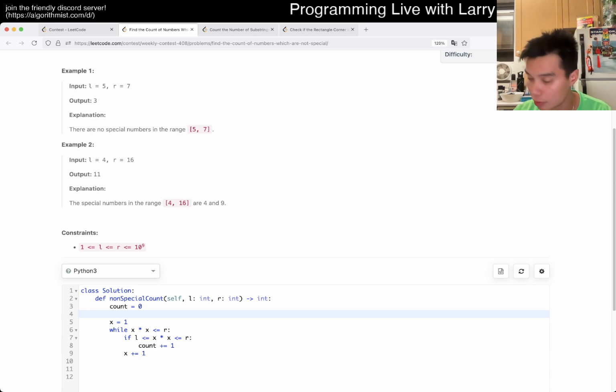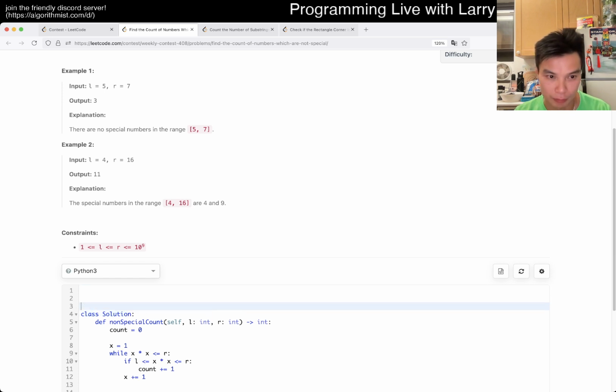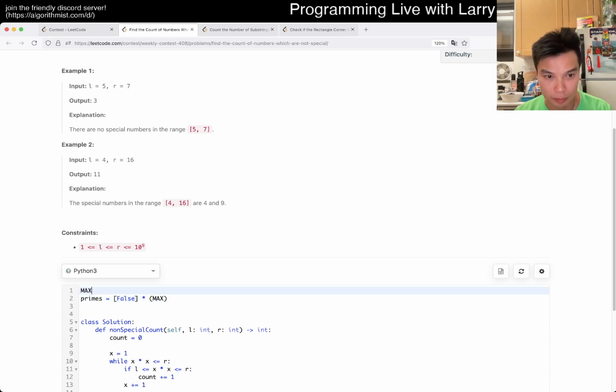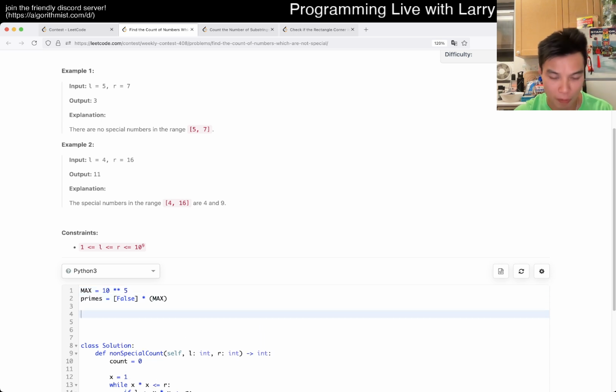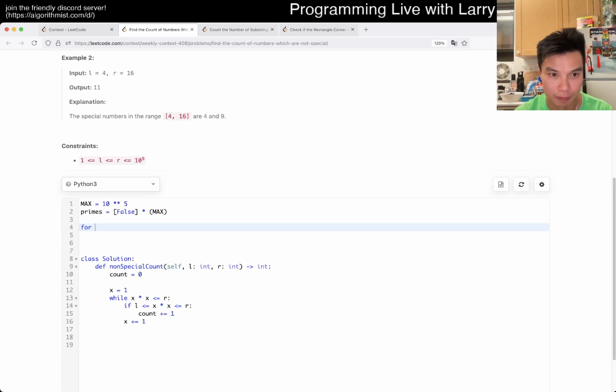So go sieve to 10 to the 5th, so it's 100,000. Okay, fine. Right, and you have like 4. Oh, that should be true.